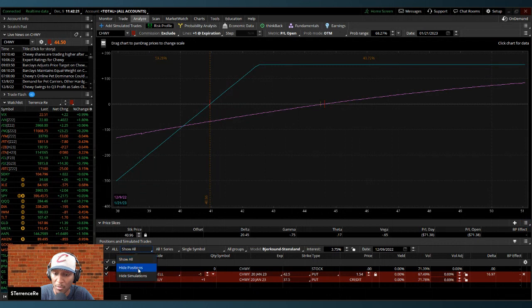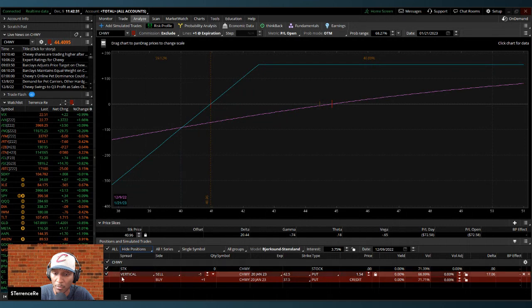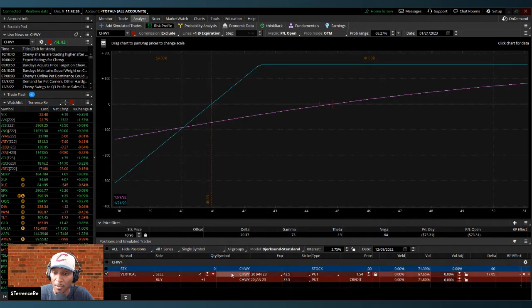Show positions. Because it shouldn't look like that. So that's how it will look. So you put this trade on, you got a 60% probability of profit.